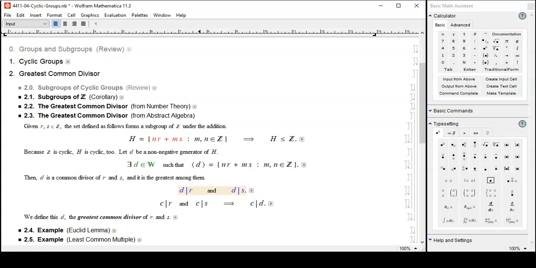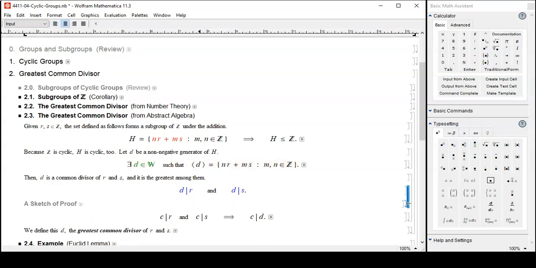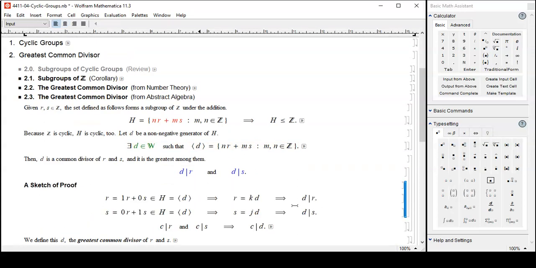Please recall that D generates this set H. So everything here can be written as something times D. In particular, if I plug in n equals to 1 and m is 0, so if this thing just drops out and n is 1, we get r, and that's something times d, as I see from this first line.